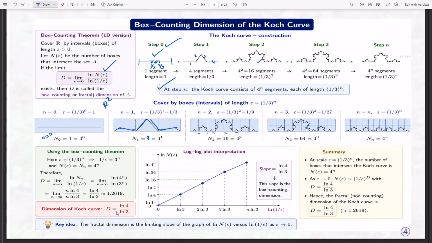Now, you can plot ln of 1 by epsilon against ln of N of epsilon. One can get this with respect to the iteration, ln 4 by ln 3.